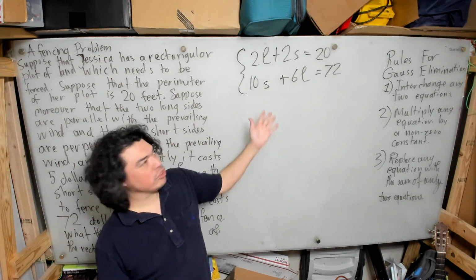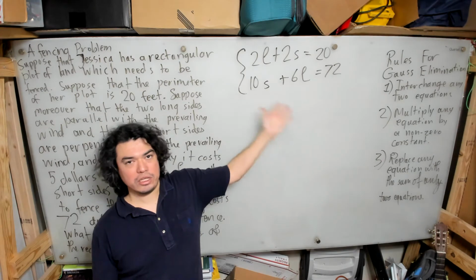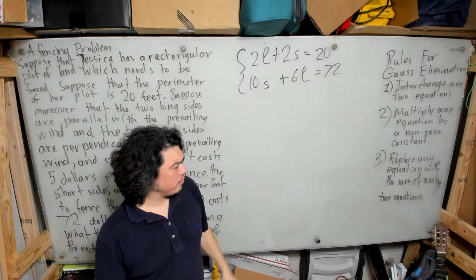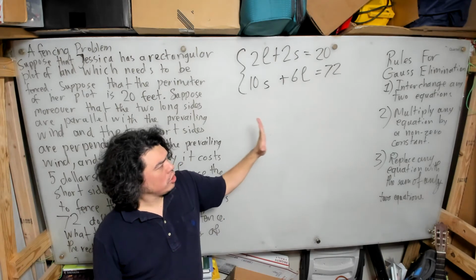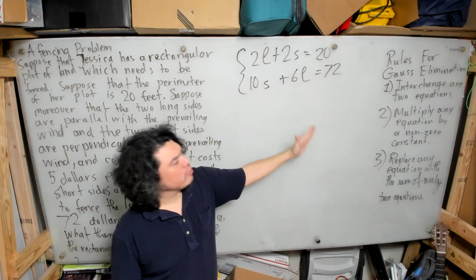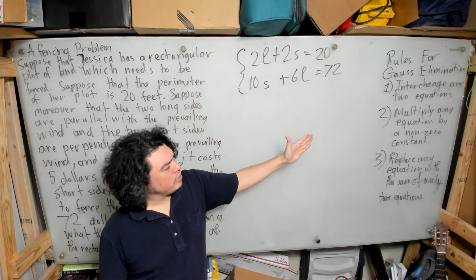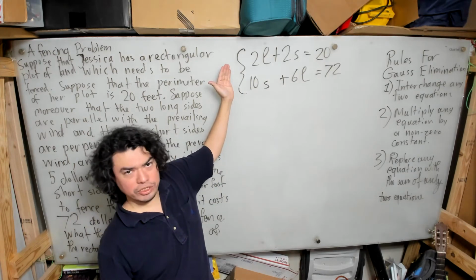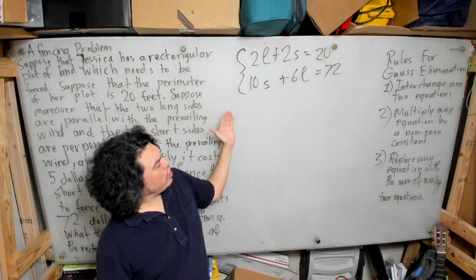In this case, there's just two equations, so once we eliminate one, we get the other one, and then we just solve for the remaining variable. So in other words, Gauss elimination is a set of rules and a procedure that allows us to take any linear system and transform it into an equivalent system.